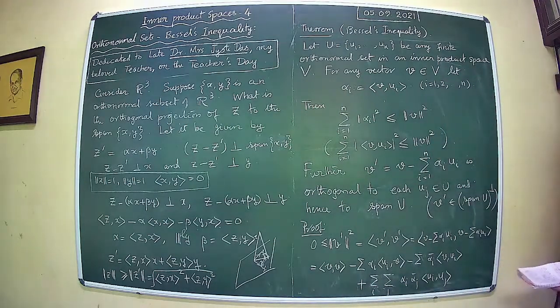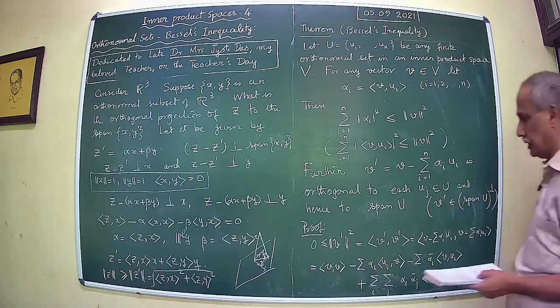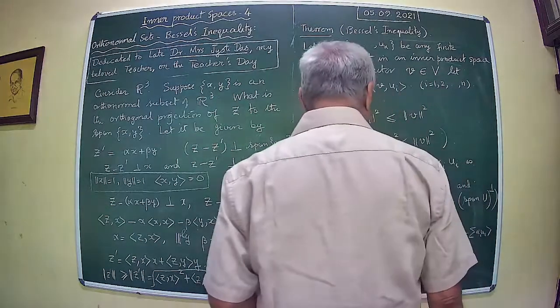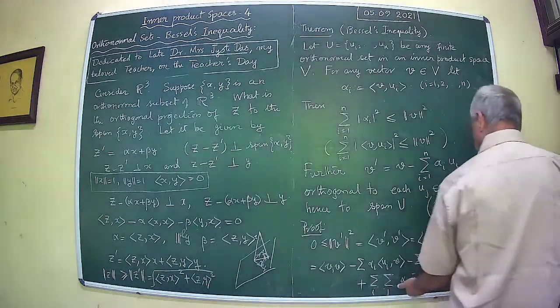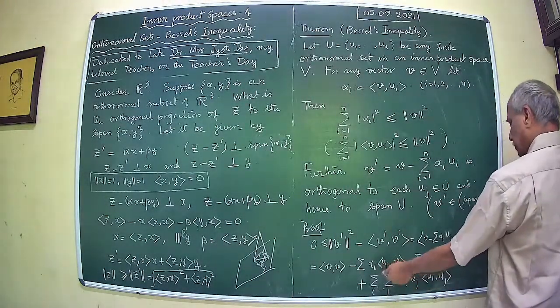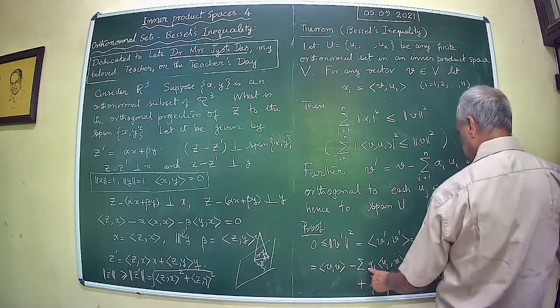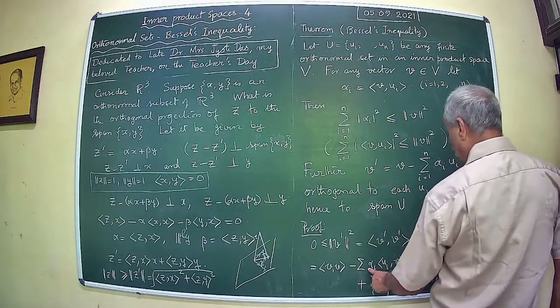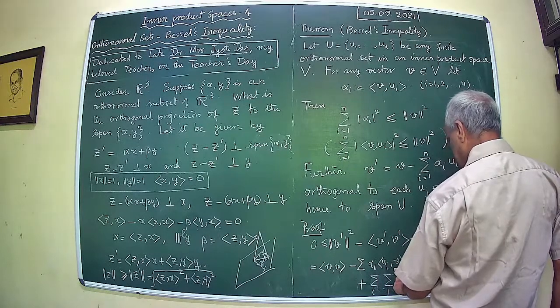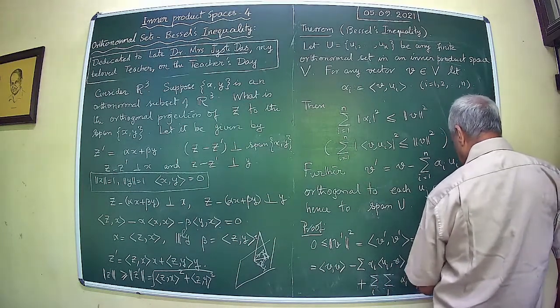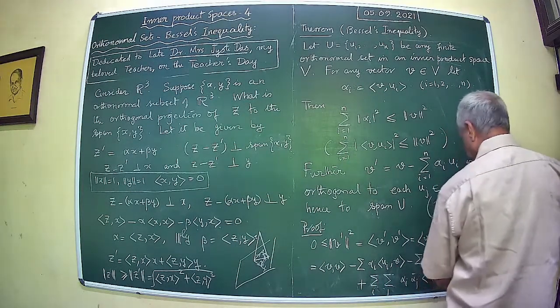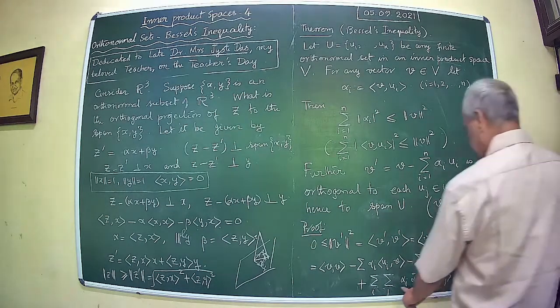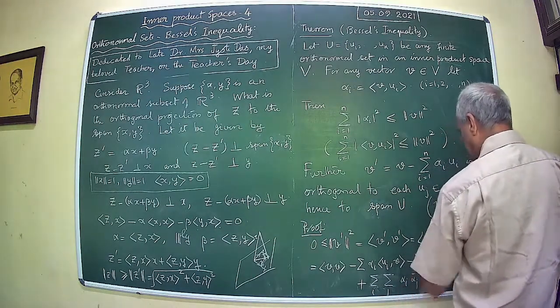Okay, this is the summation that you get if you expand it, and you see that this is alpha i conjugate. Now this is alpha i conjugate alpha i, and this is actually sigma alpha i conjugate alpha i.